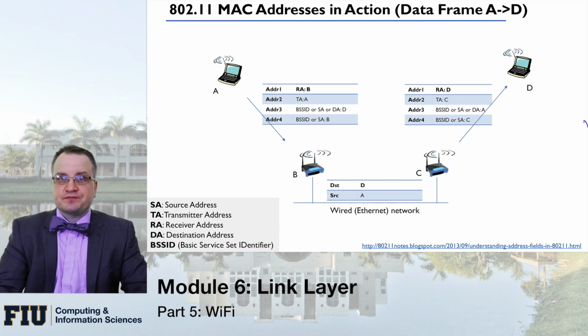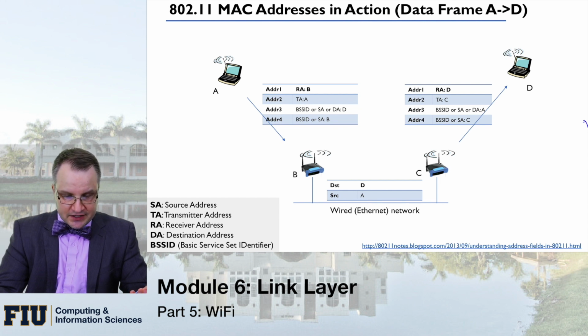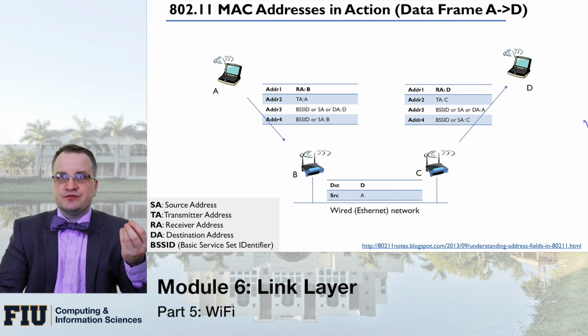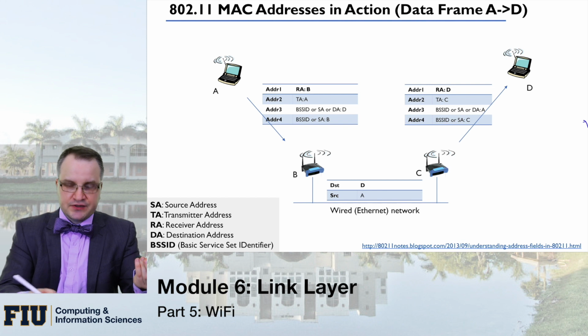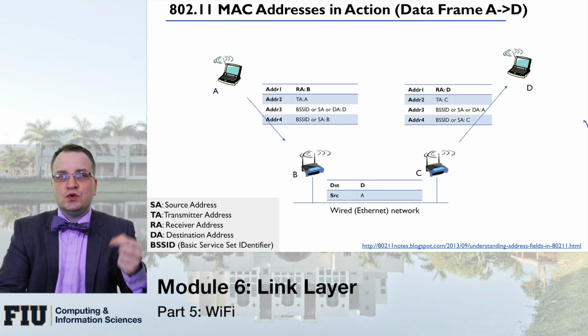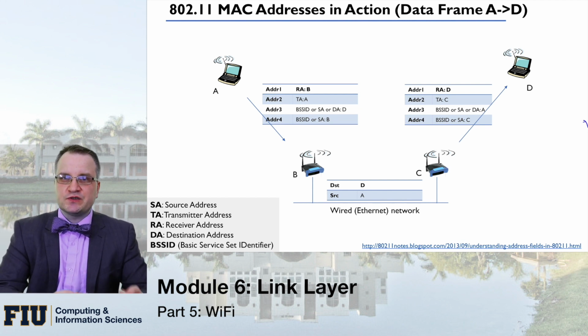So what happens is, at the first stage, as already highlighted, for the receiver address, address 1, you specify who is the intended receiver. And in this case, you actually don't specify that the receiver is D, because station A is communicating only with the access point. It's one of the key aspects of infrastructure mode of communication.